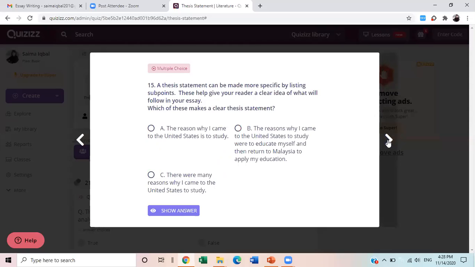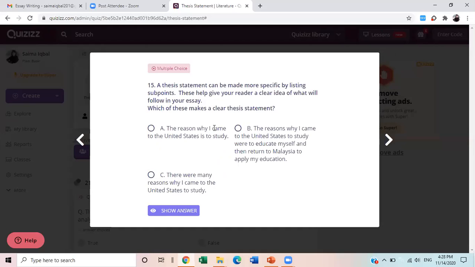A thesis statement can be made more specific by listing subpoints. These help give your reader a clear idea of what will follow in your essay. So which of these makes a clear thesis statement?